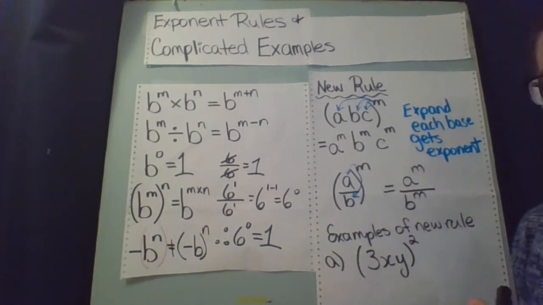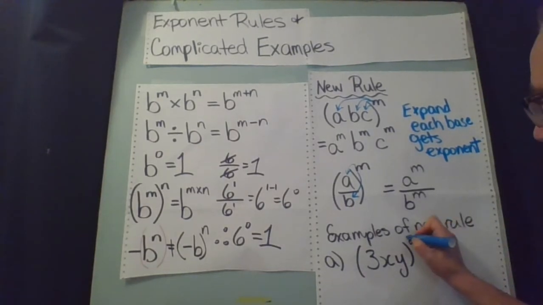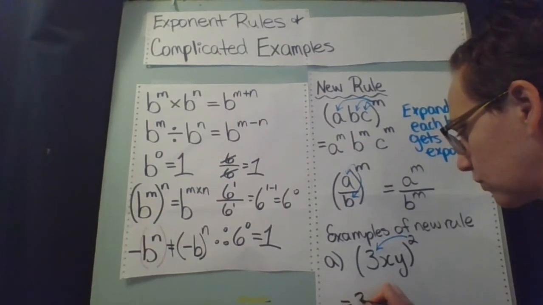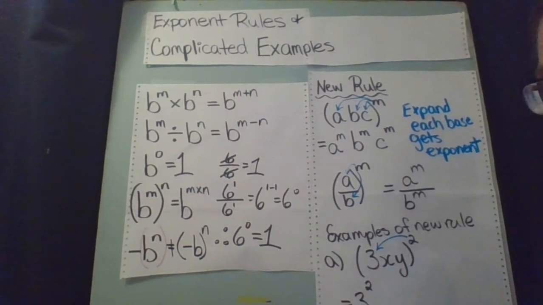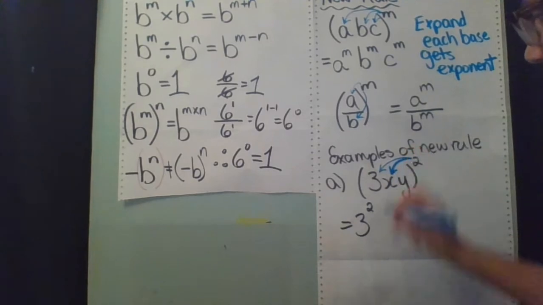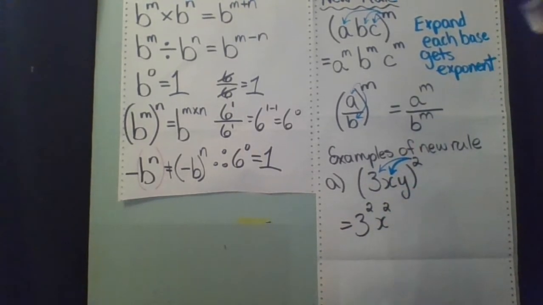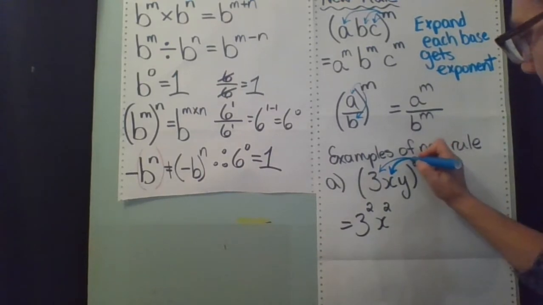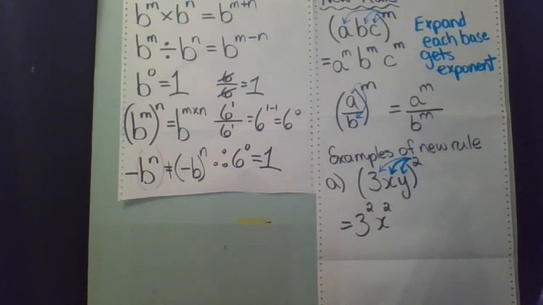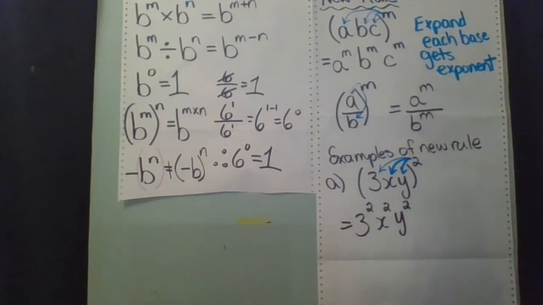Well, that exponent's going to come in, and it's going to land on the 3. So I'm going to get a 3 to the exponent 2. That exponent's going to come in and land on the x, so I'm going to have an x to the exponent 2. And it's going to come in and land on the y, so I'm going to get a y to the exponent 2.